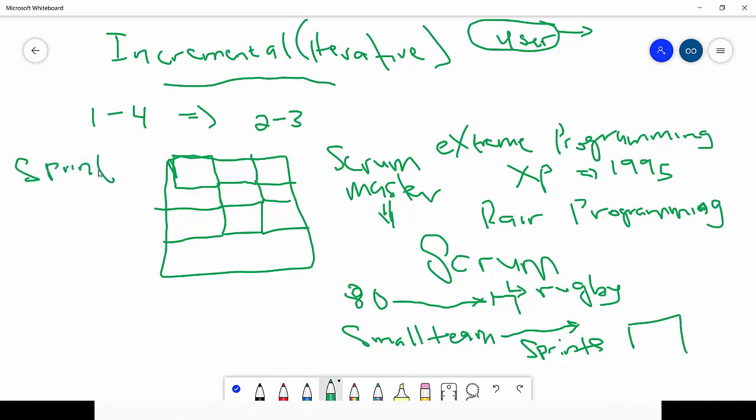For the sprint, there is a daily stand up meeting. Now, it's exactly as it sounds. You are literally standing up and you are talking about the progress of the sprint.